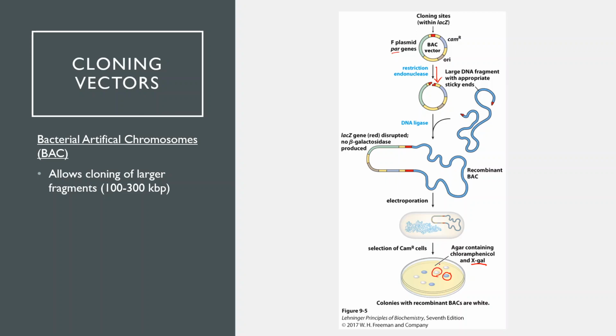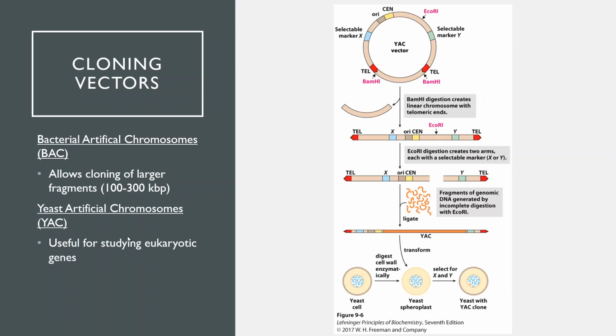In this case, because you put your target DNA inside, your cut site was right inside that LAC-Z gene, the cells that carry this bacterial artificial chromosome will not express that enzyme, and therefore they will not turn blue when exposed to XGAL.